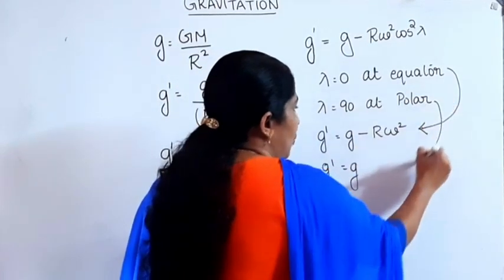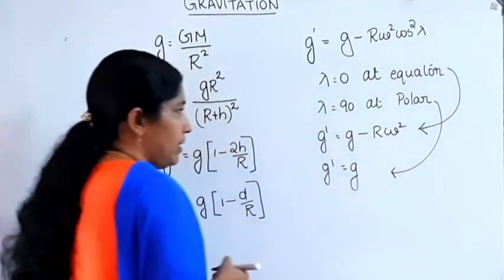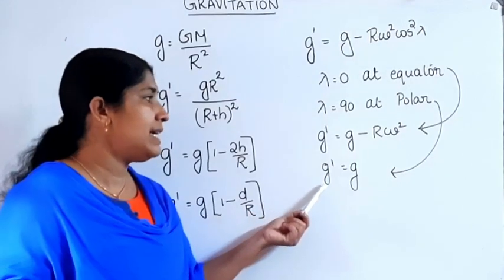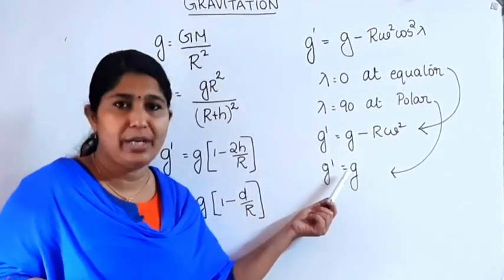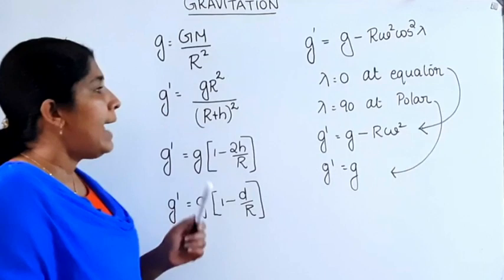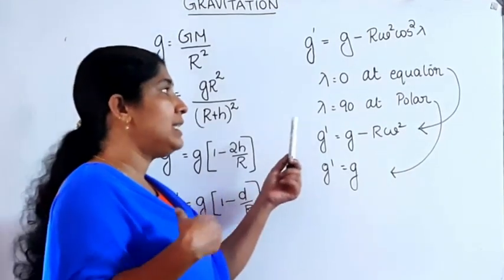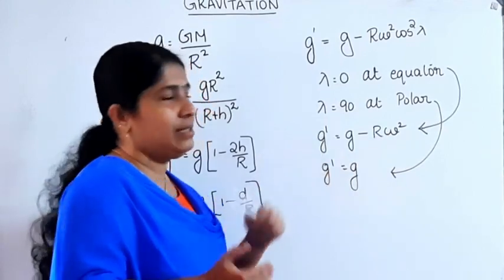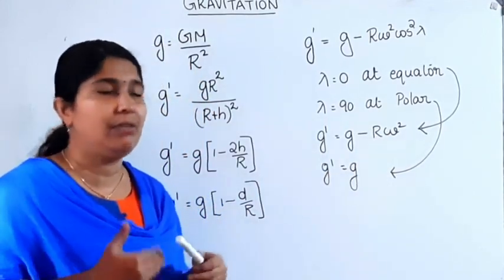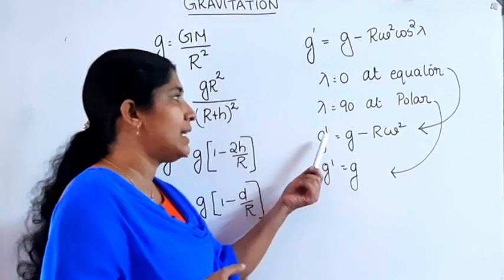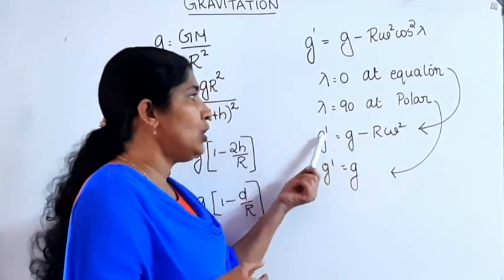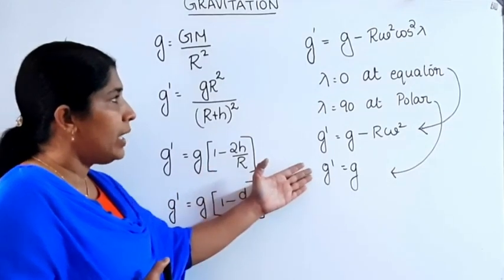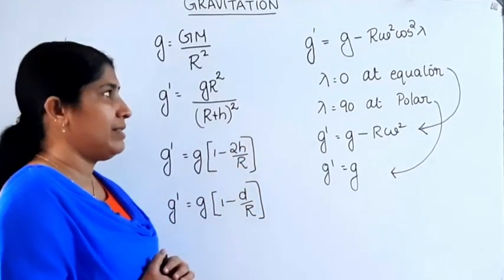From here we can say that acceleration due to gravity is maximum at the polar region, and it changes with omega at the equator region. Due to the rotation of the earth, there will be a change in the value of acceleration due to gravity at the equator region. It is maximum at the polar region and minimum at the equator region.